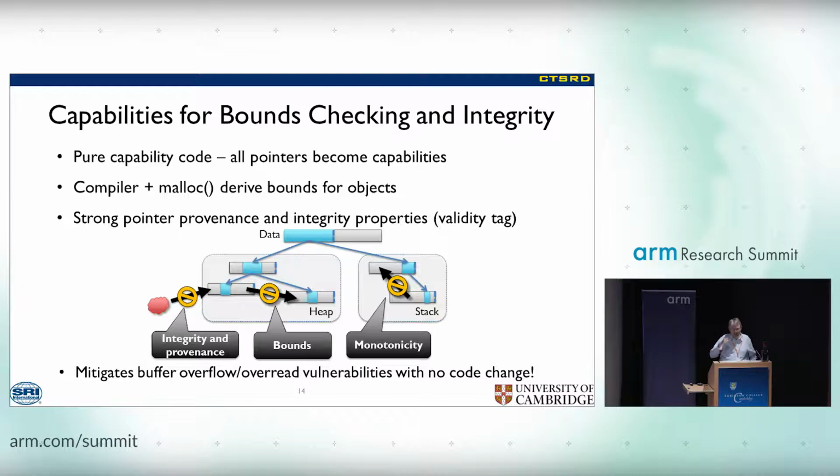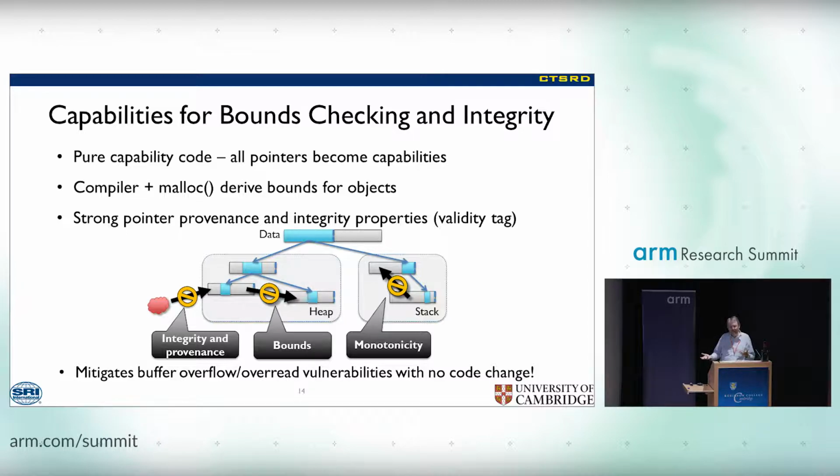Firstly, that hidden validity tag gives us integrity and provenance. You can't just arbitrarily create a pointer out of thin air and dereference it. It's not allowed anymore. We have bounds checking, and this means that we can avoid taking a reference to one object and using it to refer to another object.